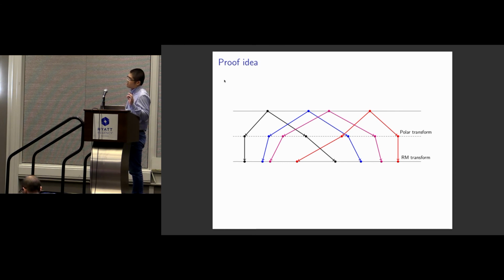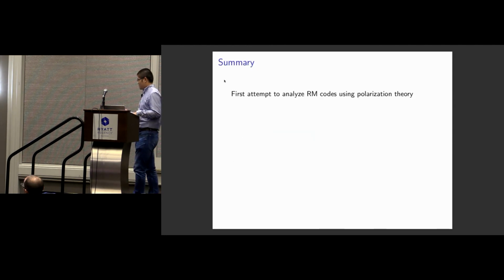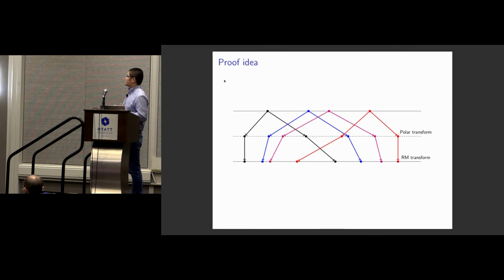But for Reed-Muller codes, we lose this. So there are some technical difficulties we need to get around, and of course, I don't have time to talk about it here. But this figure gives you some intuition why Reed-Muller codes should also polarize, because the gap becomes larger and larger.